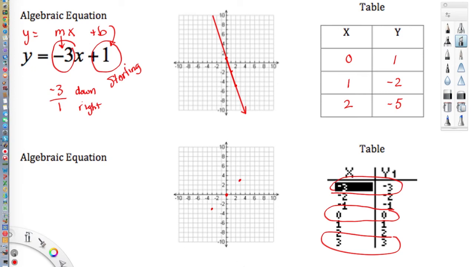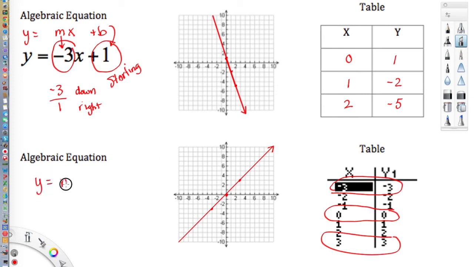I have a nice 45-degree angle. I connect these lines, and there you have it. Got the classic 45-degree angle, which is a slope of 1.